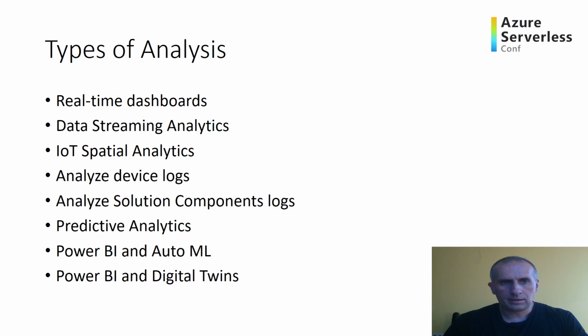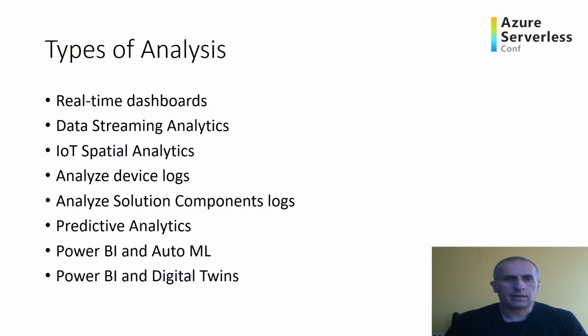Let's now see what kind of analysis we can have in Power BI. From one side, we can have real-time dashboards. We can also have data streaming analytics, where we can demonstrate some changes in live data. We have IoT spatial analysis. We can analyze device logs.